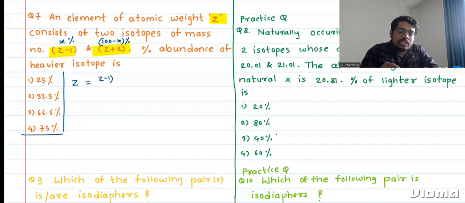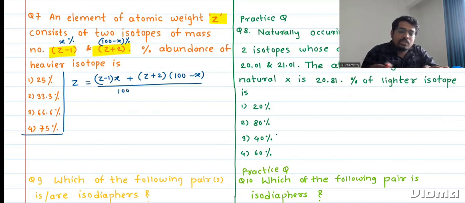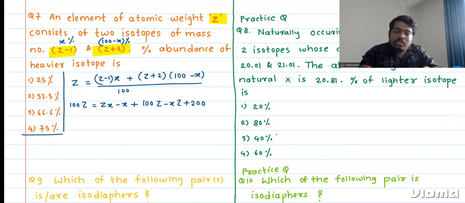Atomic mass Z minus 1 into percentage abundance X, plus second isotope atomic mass Z plus 2 into percentage abundance 100 minus X, divided by total percentage 100, is equal to Z. Let us solve this: 100Z is equal to Zx minus X plus 100Z minus Xz plus 200 minus 2x.